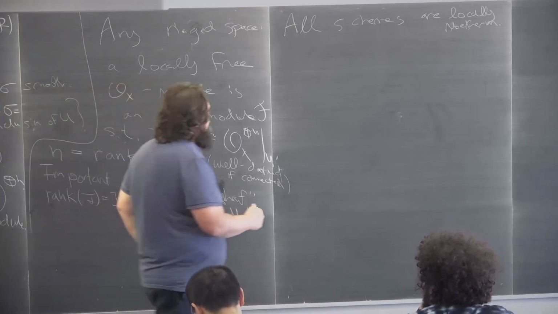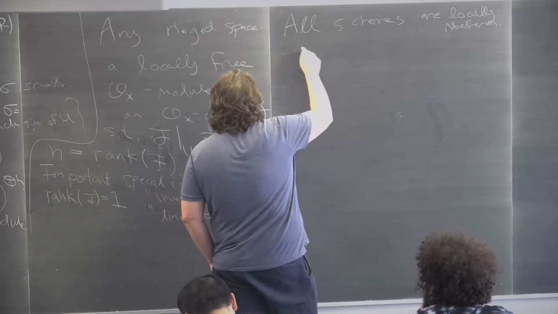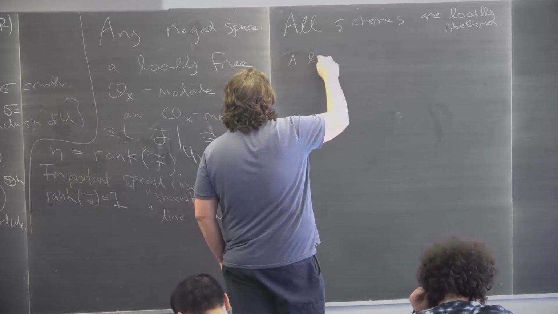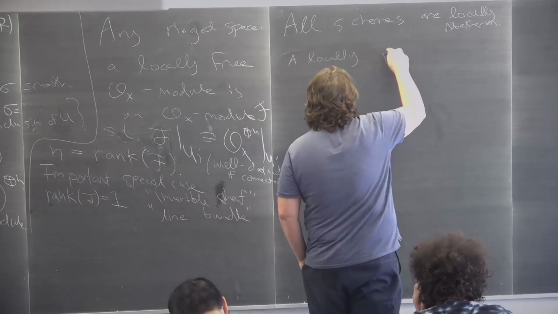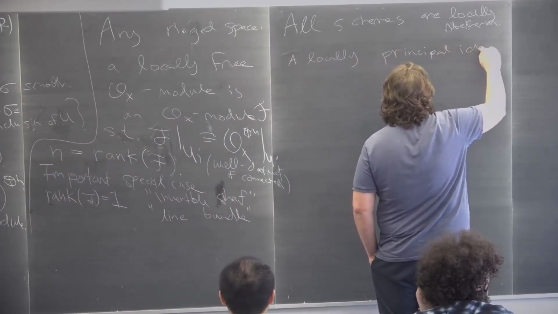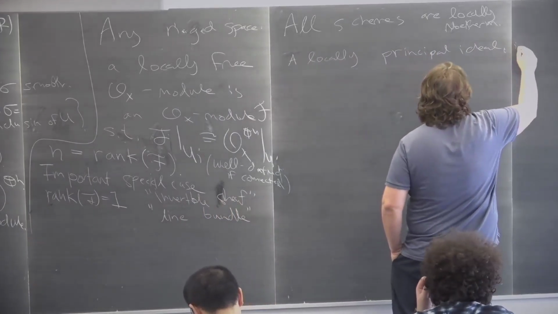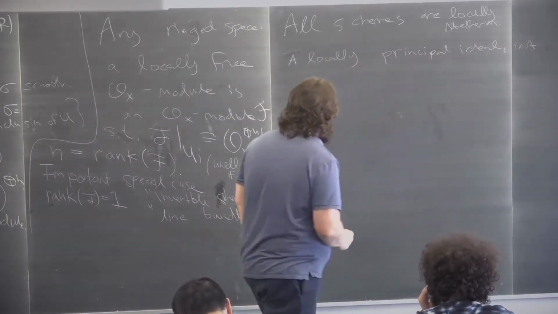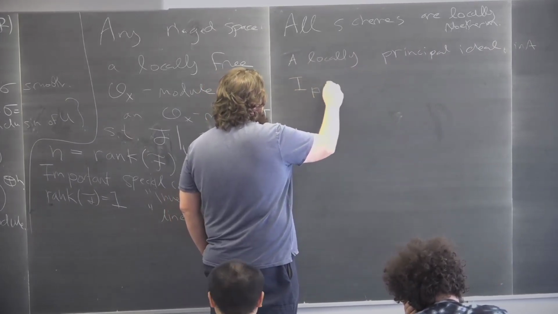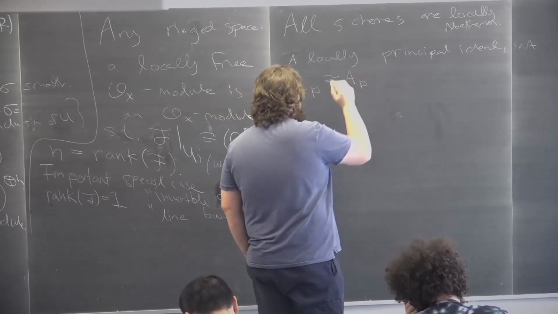First of all, a locally principal ideal in a ring A. So that's an ideal I such that if I localize at any prime, that's isomorphic to the ring itself.